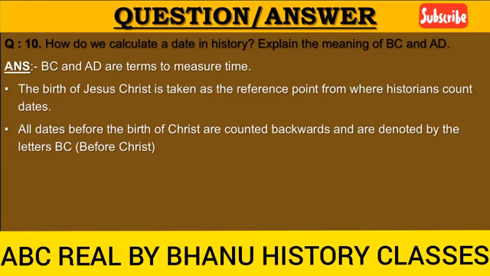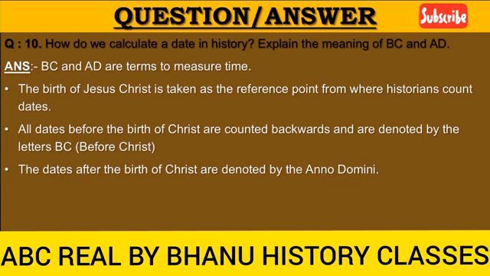All dates before the birth of Christ are counted backwards and are denoted by the letters BC, Before Christ. The dates after the birth of Christ are denoted by AD, Anno Domini.